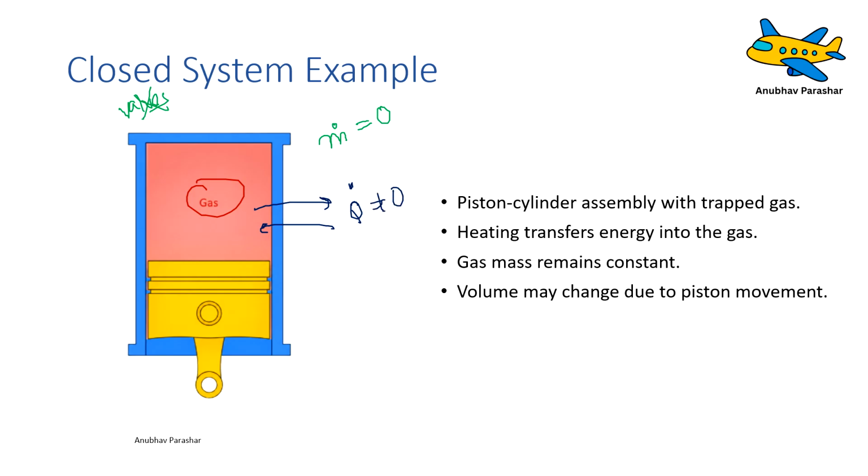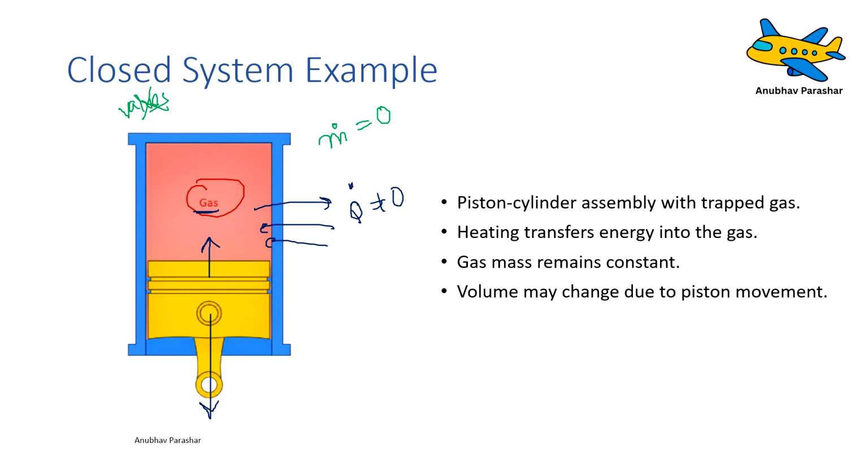At that same time, if you take out heat, what is going to happen? The gas will get compressed, and as soon as the gas gets compressed, the piston is going to move. Now you transfer heat into the system, into that gas. So what is going to happen? The temperature increases, the gas expands, and as soon as the gas expands, the piston is going to come out.